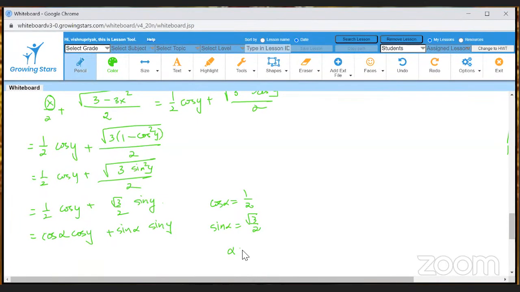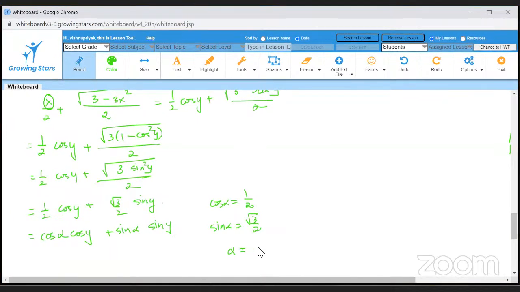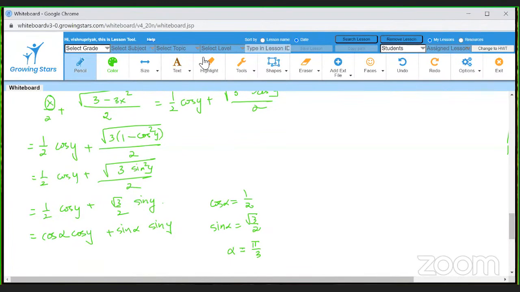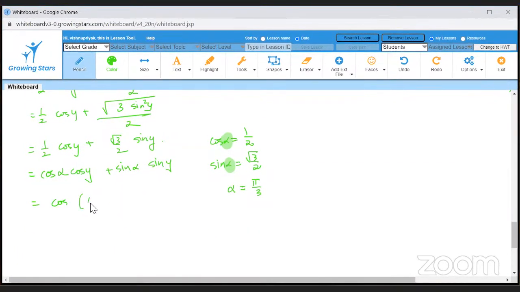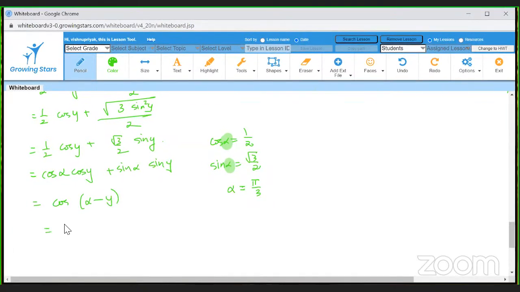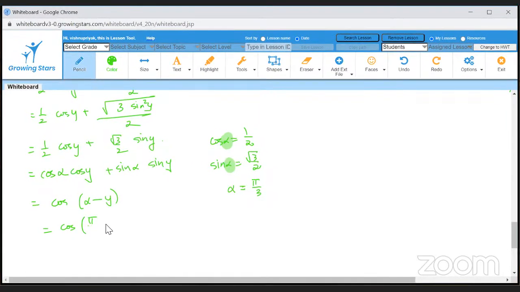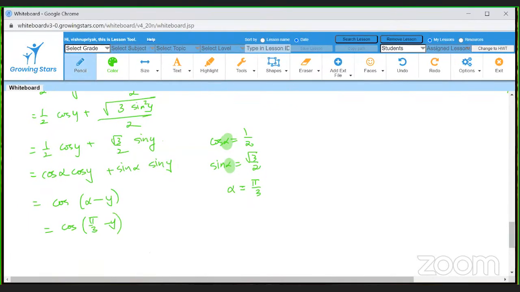From this I know that alpha is pi by 3 because cos pi by 3 is 1 by 2, sin pi by 3 is root 3 by 2. So I can write this as cos of alpha minus y, where alpha is pi by 3. See, it simplified to cos of pi by 3 minus y. So what did we get? Actually, where did we start here?